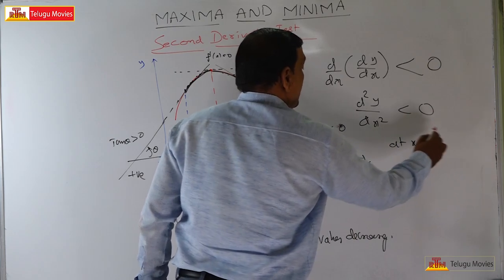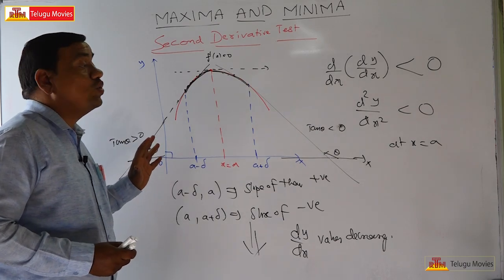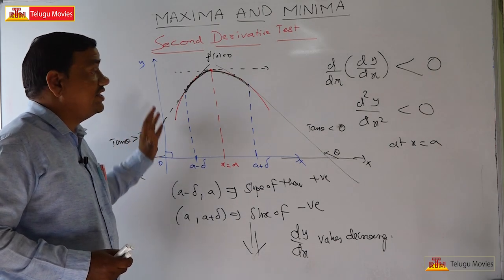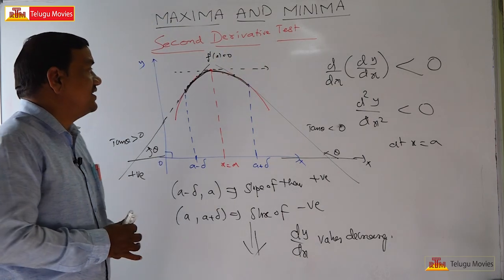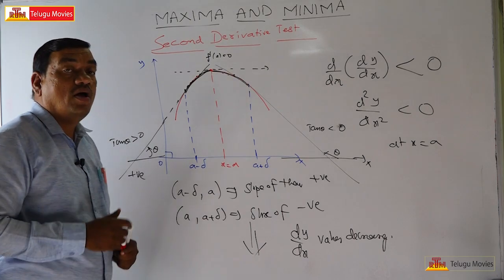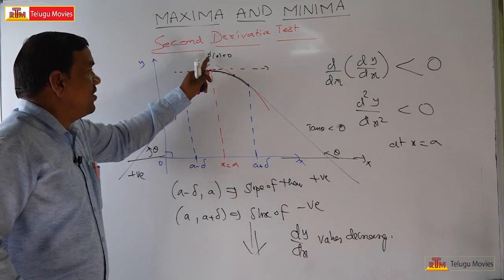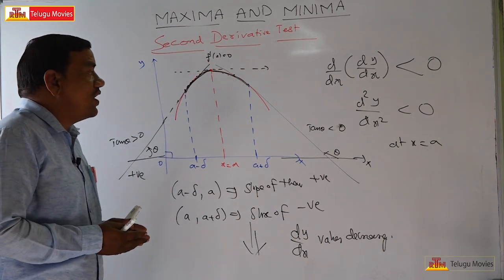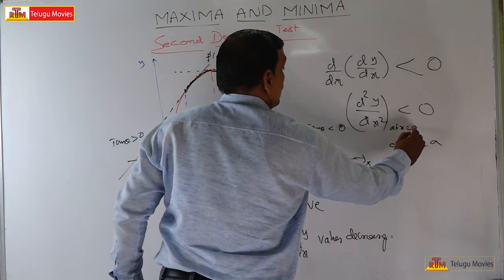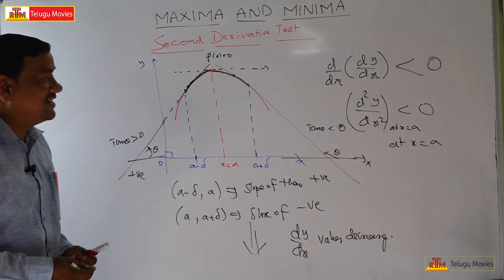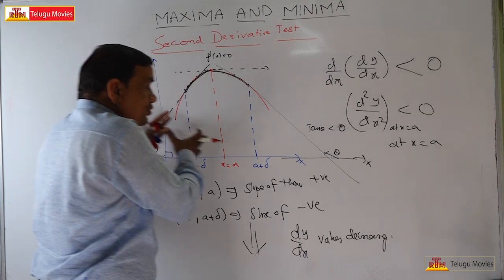At x is equal to a, if you observe the second derivative of the function, d square y by dx square, is less than 0, then we say that the function will have a local maximum at x is equal to a. First f dash of a is equal to 0, then d square y by dx square at x is equal to a is less than 0. Why? Because we are going from positive to negative.